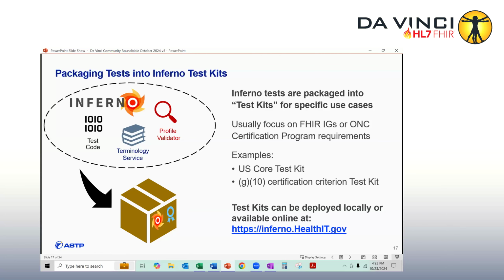A reference server is also available to provide an example of what a conformance server could look like. And another useful feature for Inferno test kits is that they can be deployed locally or online. And ASTP ONC hosts an instance of Inferno with many test kits available on inferno.healthit.gov. Next slide, please.